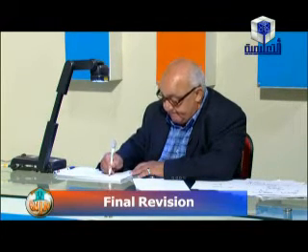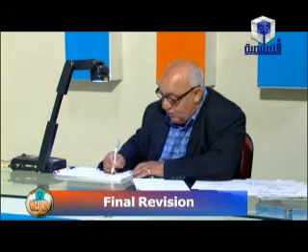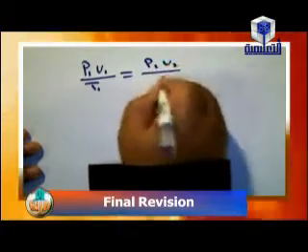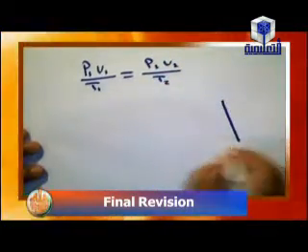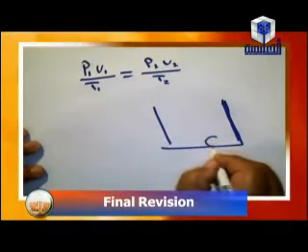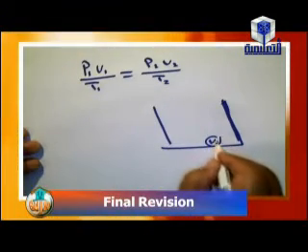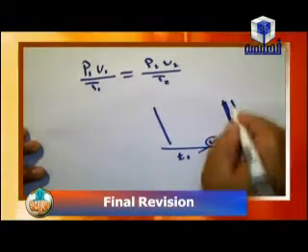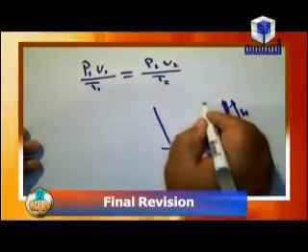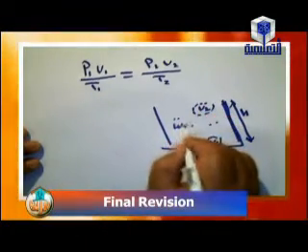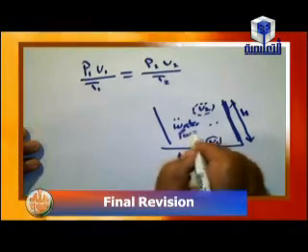the general law of gas: P1 V1 over T1 equals P2 V2 over T2. We have a container. At the bottom there is a bubble of volume V1 and temperature T1 at depth equal H, and its volume at the surface is equal to V2, and the density of water is given.